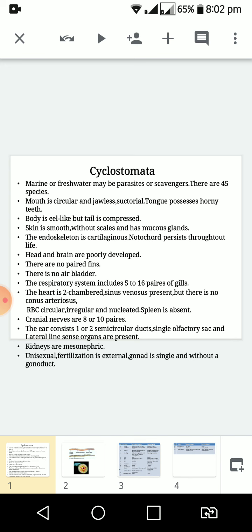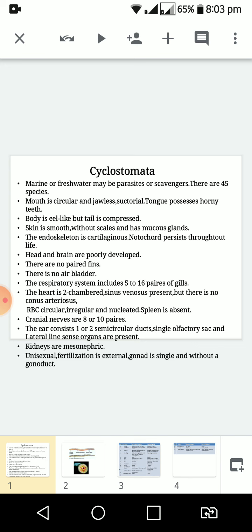Lateral line sense organs, which are very important, are also present in these animals. The kidneys are mesonephric kidneys, which is very important.